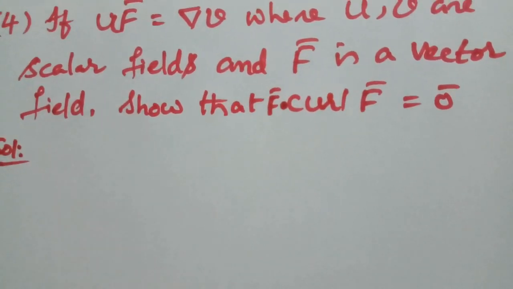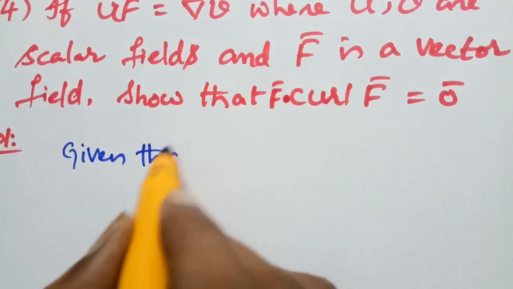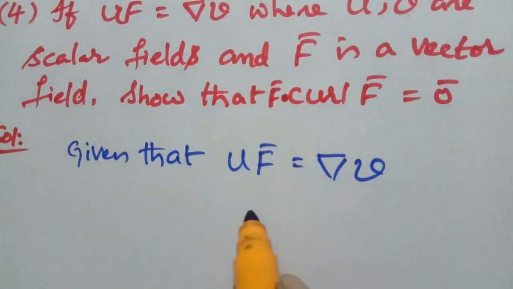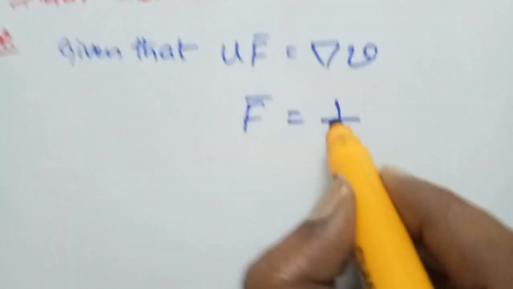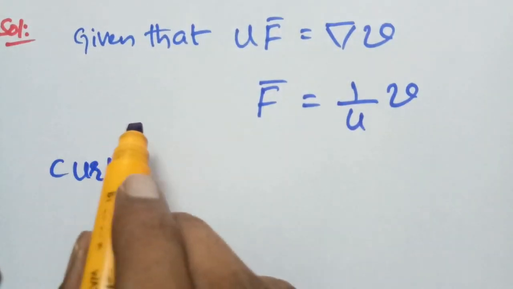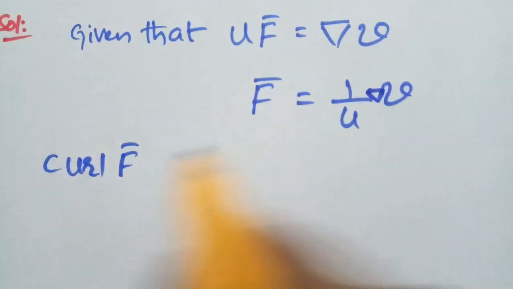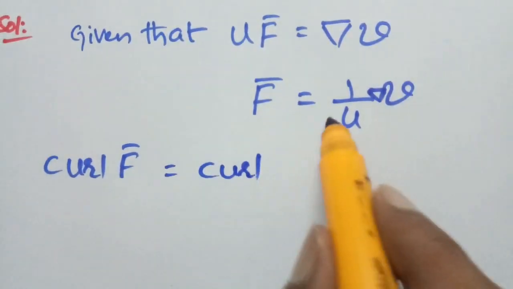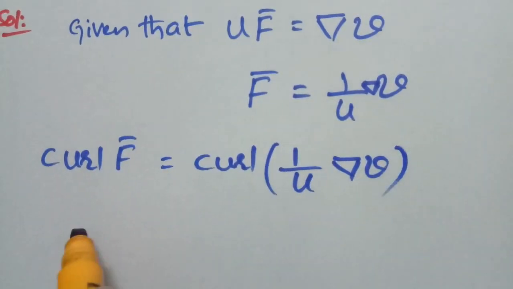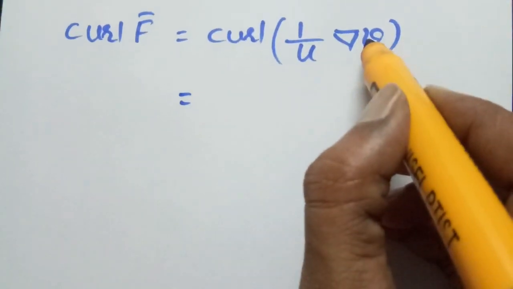Therefore, now write down, given that U into F bar is equal to del V. Therefore, F bar is equal to 1 by U into del V. Therefore, now curl of F bar is equal to curl of 1 by U into del V. Therefore, this can be written as curl of phi into F bar, where phi is a scalar quantity and F bar is a vector quantity.